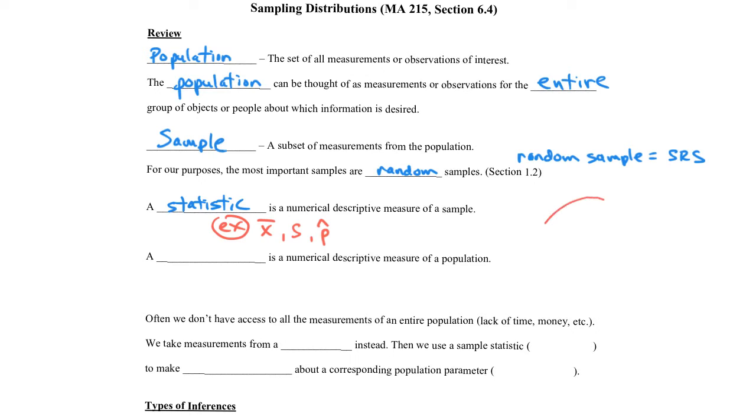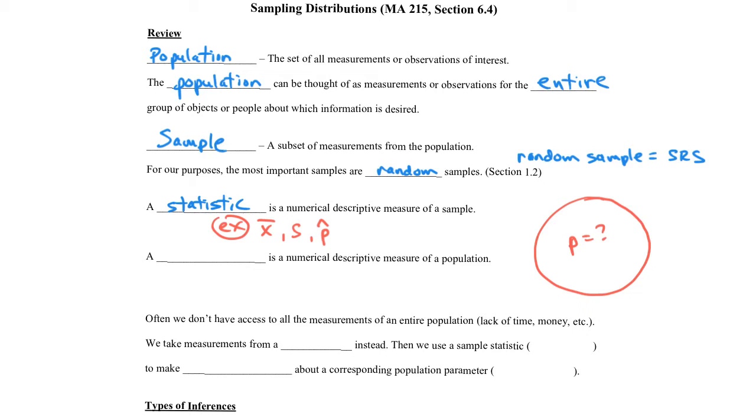So just to get an idea here, got a circle, not one of my better circles, but it'll work. Let's say you work for a polling organization and you want to know the proportion of voters who are going to vote yes on proposal 3 or whatever. You can't actually talk to every single person who's going to vote, right?